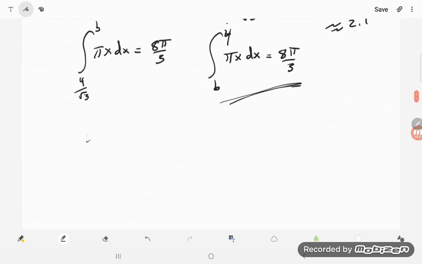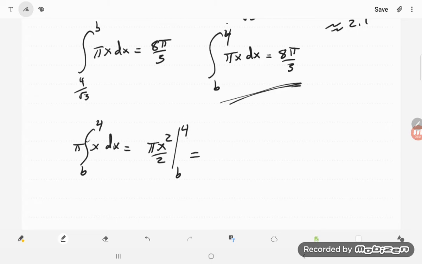And so I have the integral of pi x from b to 4 dx. And that is my pi x squared over 2 from b to 4.